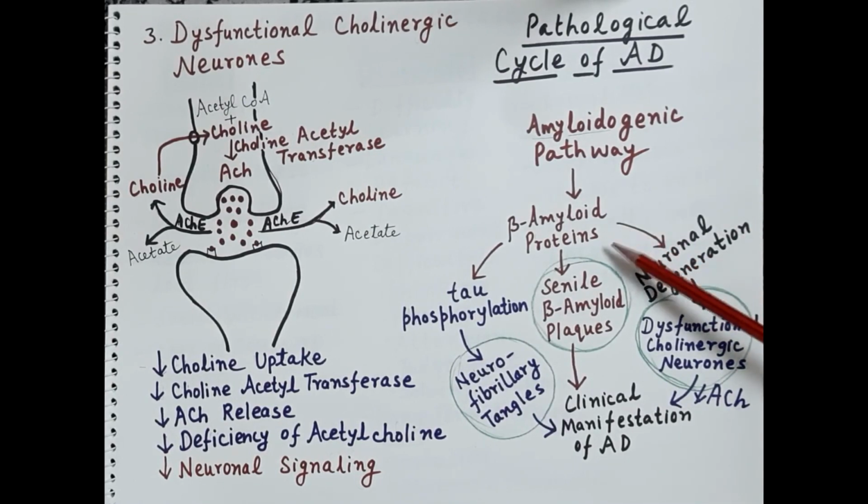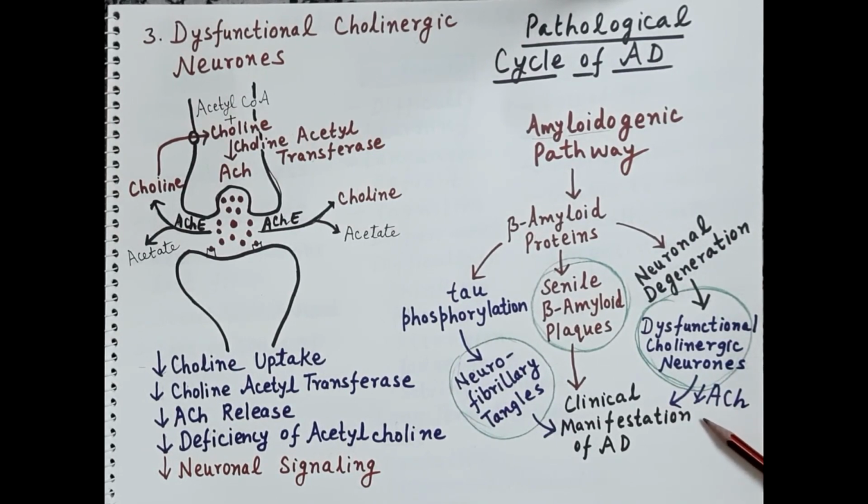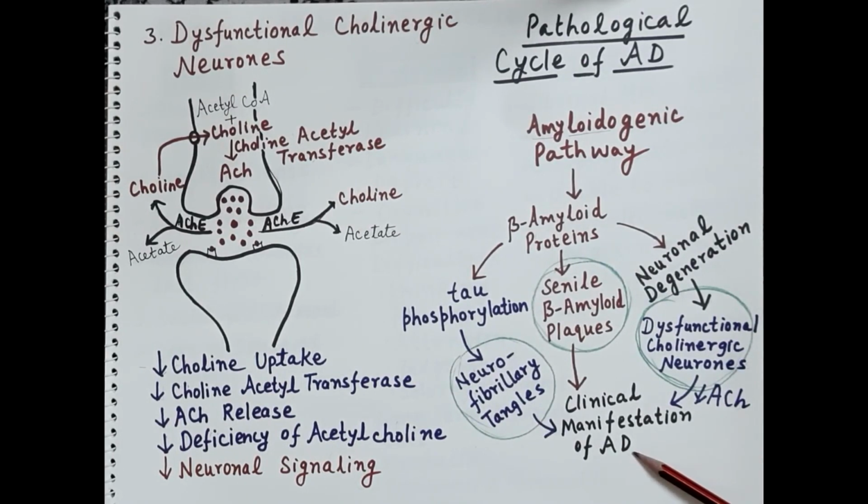And this beta amyloid protein causes neuronal degeneration. There are dysfunctional cholinergic neurons, reduced synthesis of acetylcholine, and again a reduction in the neuronal signaling, which is responsible for Alzheimer's disease.